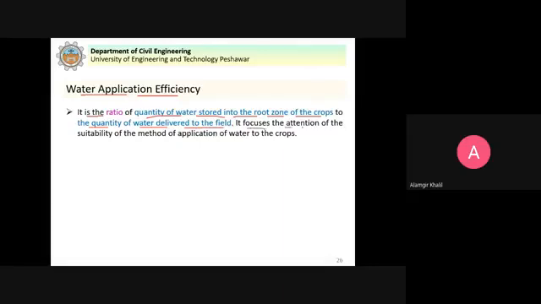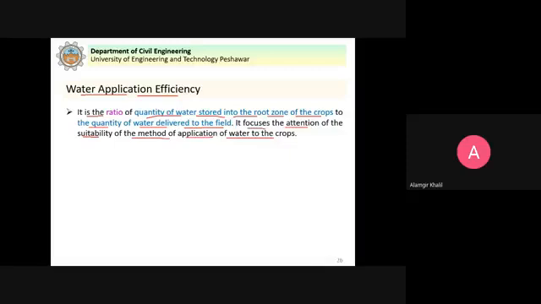It focuses attention on the suitability of the method of application of water to the crops. So water application efficiency involves the water delivered to the field and the water that is stored in the root zone of the crops.